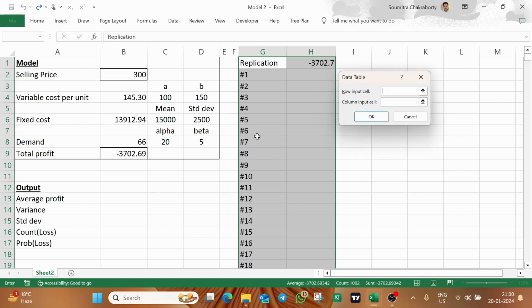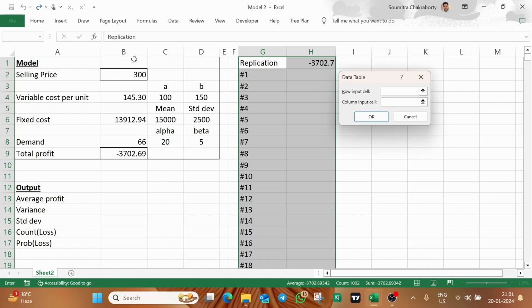So only the vertical direction table is extended towards the vertical direction. There is no extension towards the horizontal direction. So row input cell will be kept blank. And even in the column input cell, you don't have actually any references. You only have 1, 2, 3, 4 numbers. So actually column input cell is also nothing. That means in actual data table formulation, the column input cell is normally a reference.